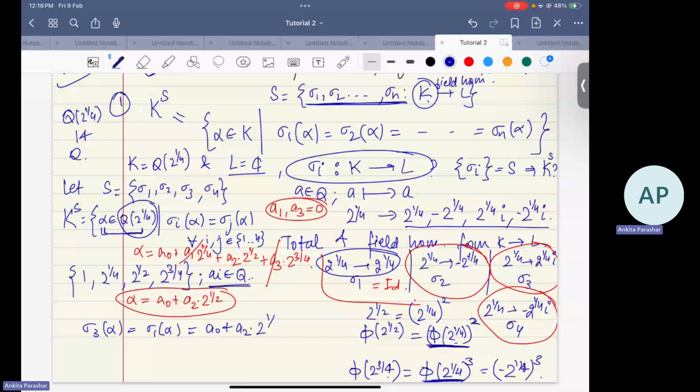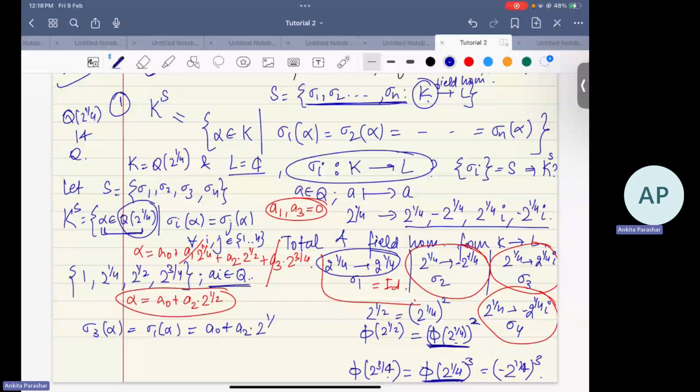Where does 2 power 1 by 4 go under any field homomorphism? We saw previously that any field homomorphism sigma will take it to a root of x to the power 4 minus 2. Therefore, sigma of 2 power 1 by 4 is 2 power 1 by 4 times e to the 2 pi i k by 4, where k is 0, 1, 2, 3.